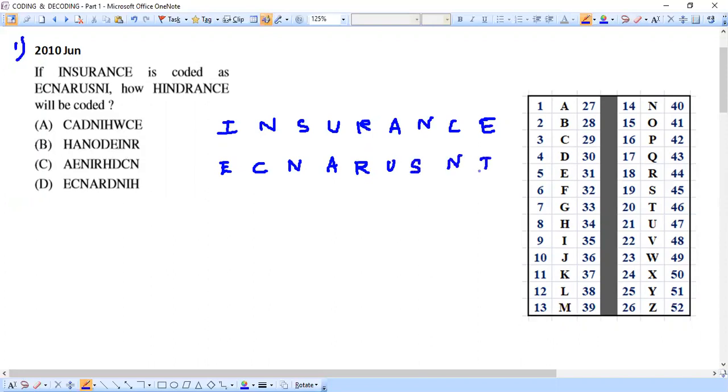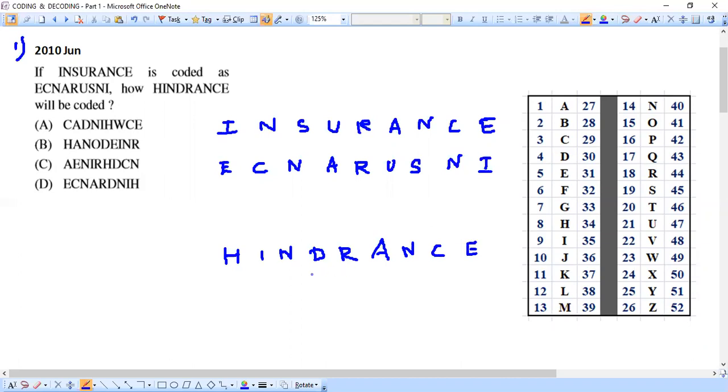This is the way they have coded the given word insurance. Then they are asking in the question, the word HINDRANCE would be coded as what?